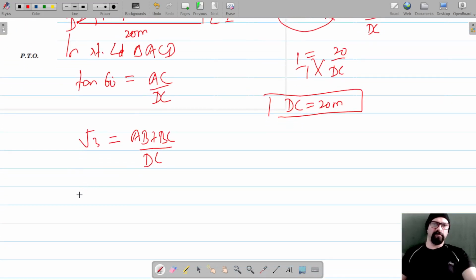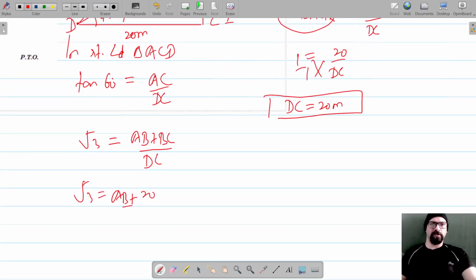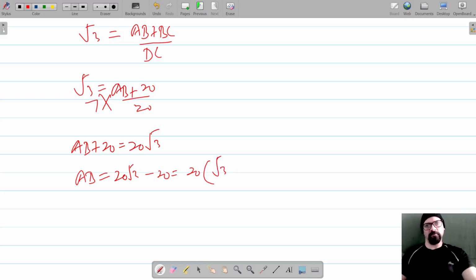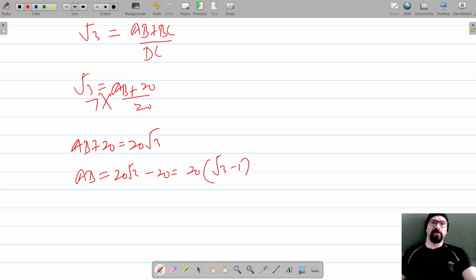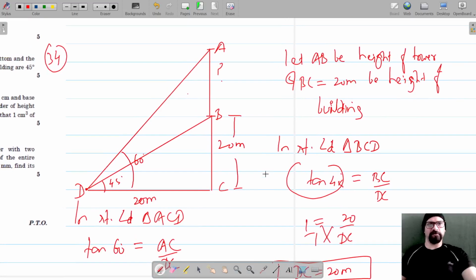Let's replace the values that we know. So AB is not known and BC is 20 and DC is also 20. If we cross multiply this, AB plus 20 is equal to 20 root 3. Now AB is equal to 20 root 3 minus 20, which is 20 into root 3 minus 1 meter, the height of the transmission tower.